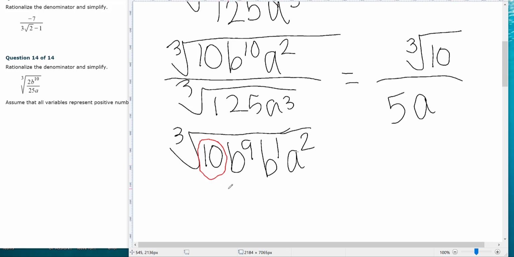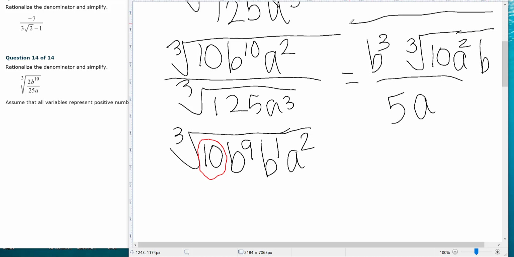The b to the 9th can come outside though as b to the 3rd, because when you do exponents, you divide. 3 into 9 goes 3 times, but there's 1 left inside. The 10's still inside. There's also an a squared and the b. Now I can't divide this outside a with this inside a, and I can't divide this 5 with this 10.